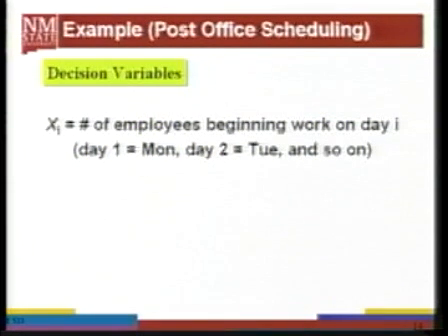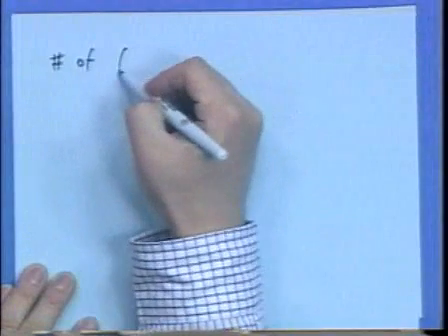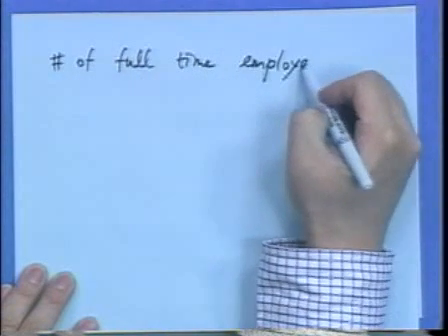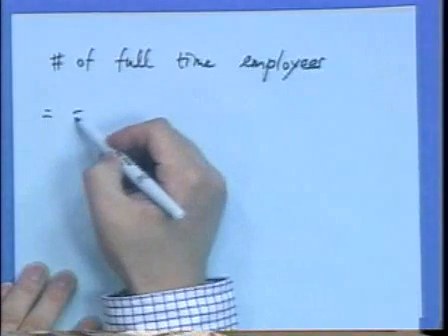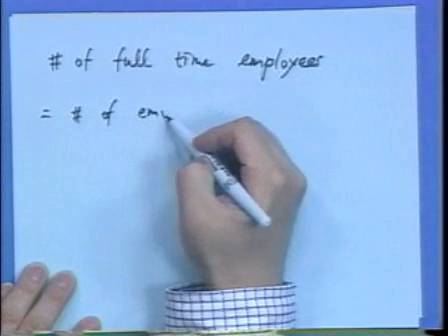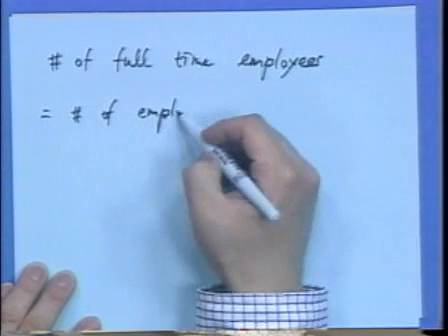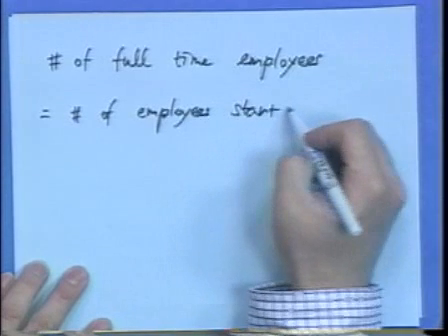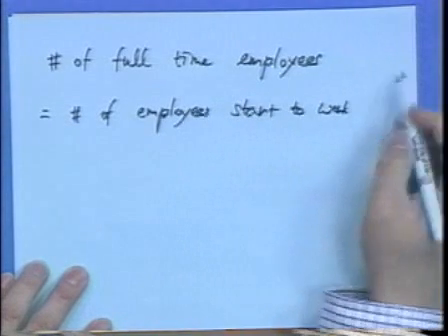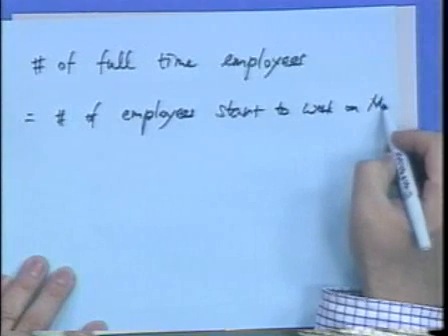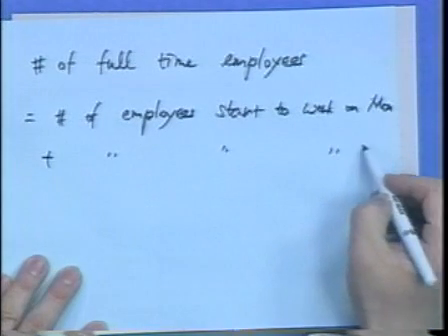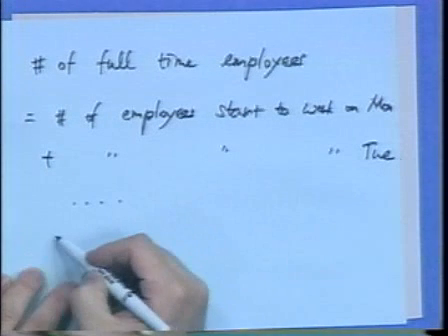So using this decision variable, of course, the total number of full-time employees would be the total number of employees who start work on Monday plus the number of employees who start to work on Tuesday and so on, right?